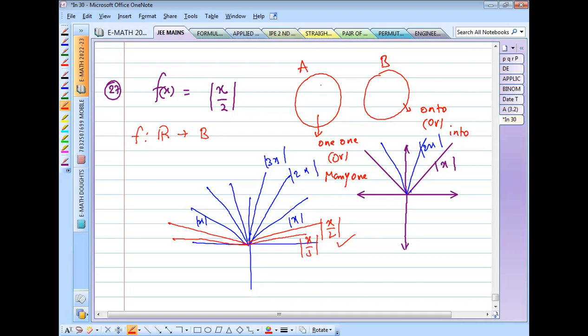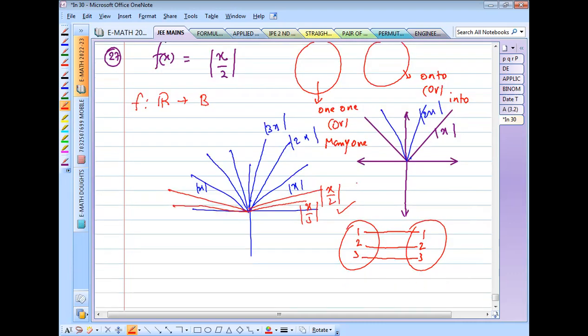What is a one-one? If 1, 2, 3 are elements, and here also take the same type of elements, one element is connected to only one element of the other set B. Then it is called one-one. And many-one means suppose you take 3 elements. 1 has image 1, 2 also has image 1, and 3 has image 2.